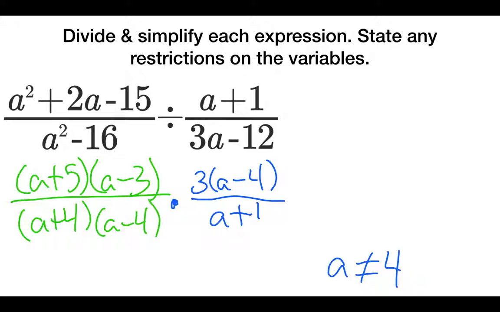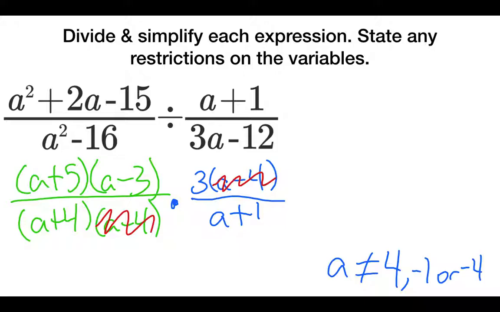So let's start canceling things out. A minus 4, a minus 4, and that looks like it. I didn't actually talk about my other possible values. Now that we have this on the bottom, a also cannot equal negative 1, and because of a plus 4, negative 4. So there we go. Those are my different restrictions.